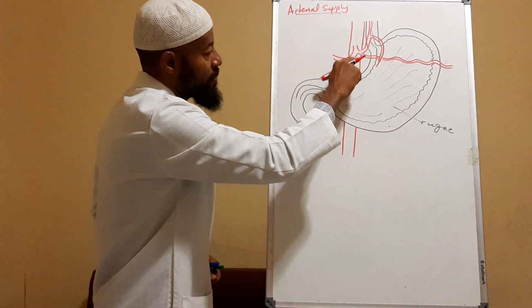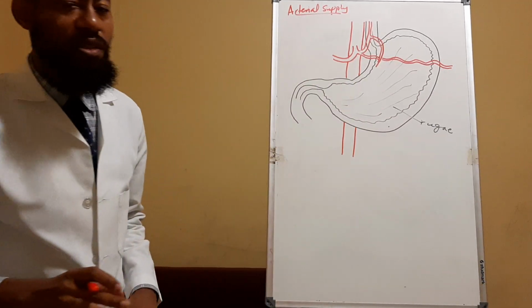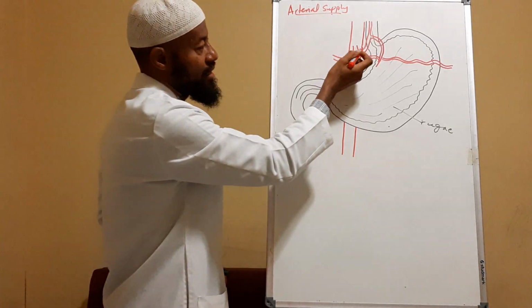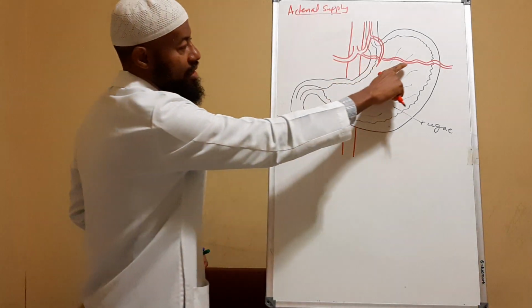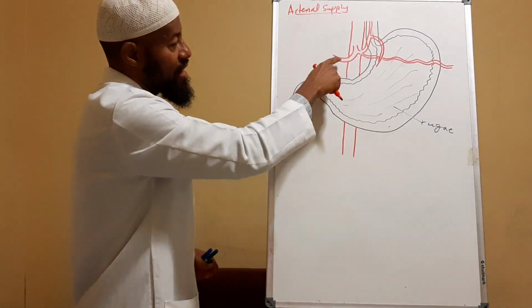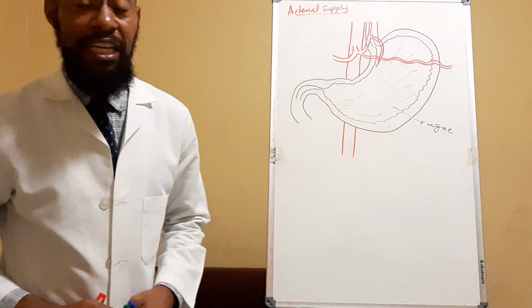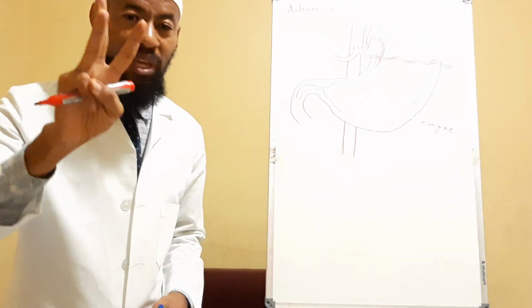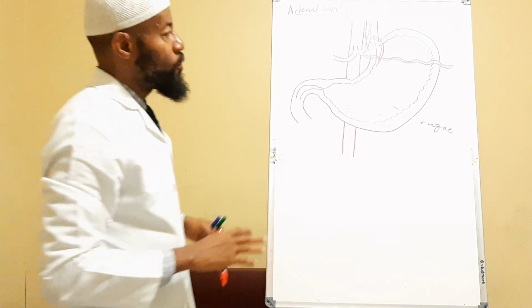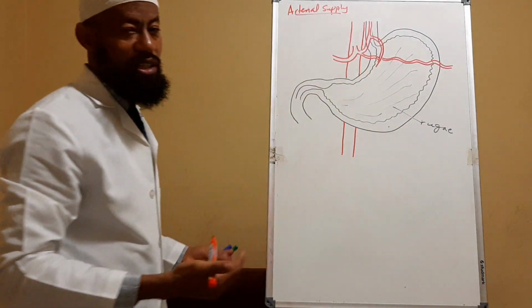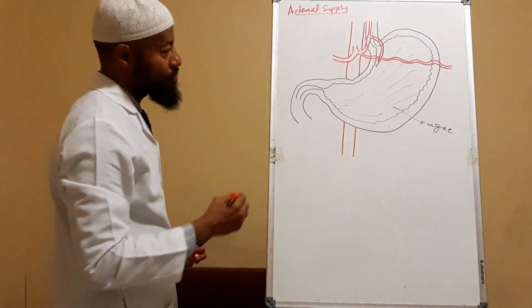So that's the common hepatic artery. So the branches of the celiac trunk are the left gastric artery, the splenic artery, and the common hepatic artery. Those are the three main branches of the celiac trunk. Now we're going to examine these branches one after the other.